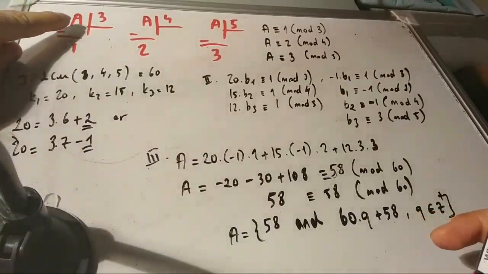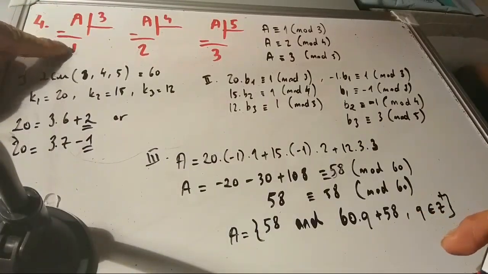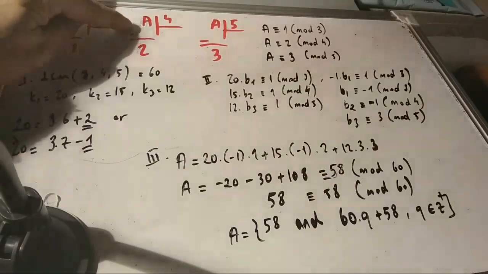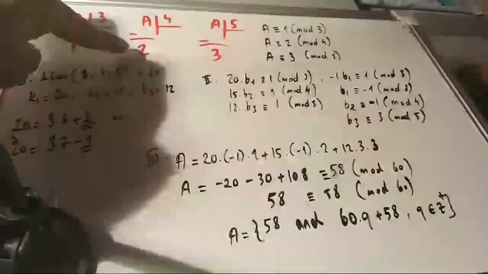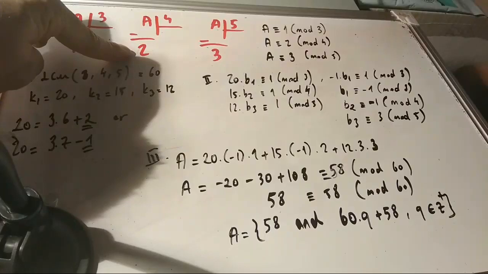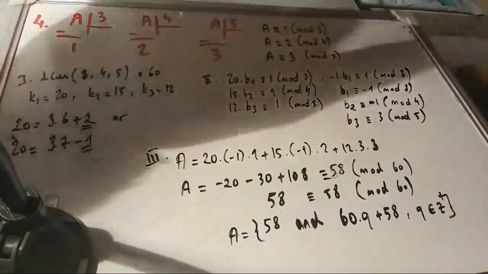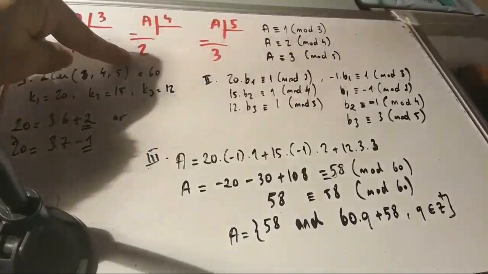178 divided by 3. What is the remainder? It's 1, right? Because 3 goes into 177. 178 divided by 4: 4 goes into 176, so the remainder is 2.